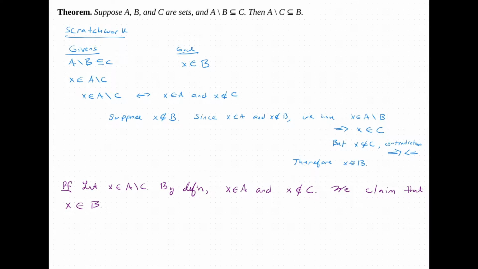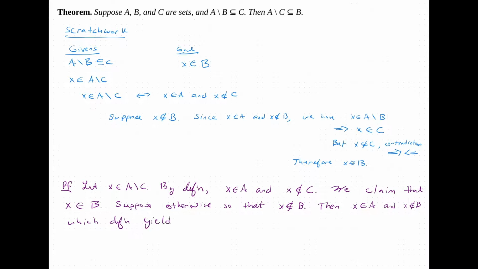Suppose otherwise, so that X is not in B. Then X is in A and X is not in B, which by definition yields that X is in the set difference A minus B.